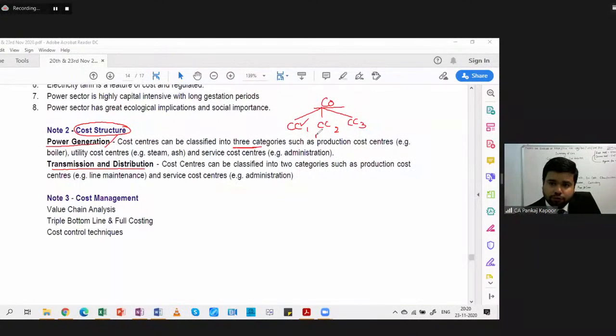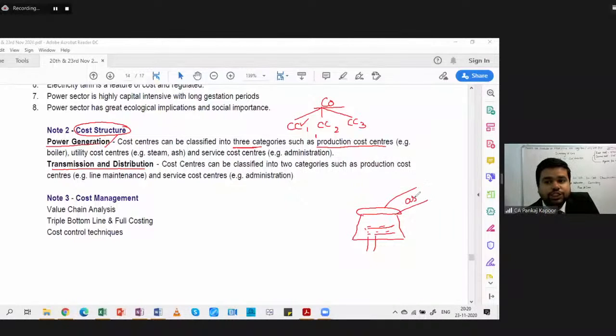The first category of cost center is the production cost center. If we are creating power with the help of coal, we must have some sort of boiler in which we put the coal, and the coal then burns with the help of heat, and that generates ash.